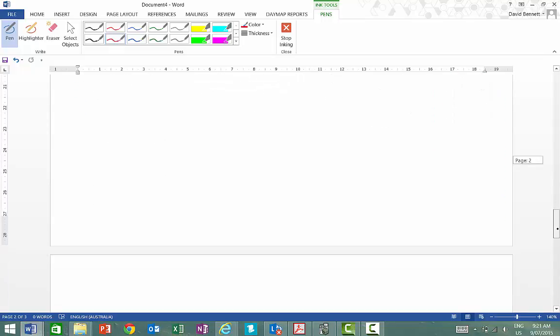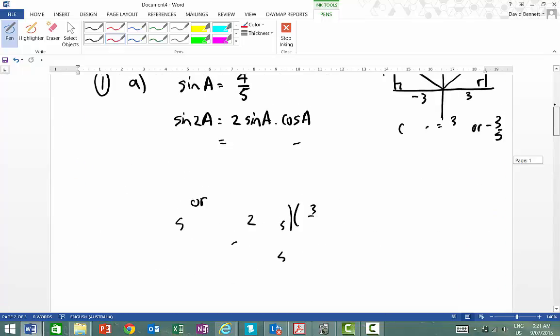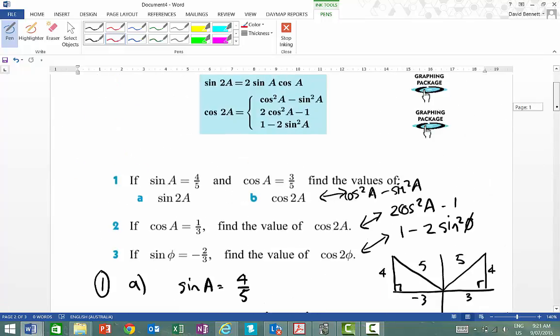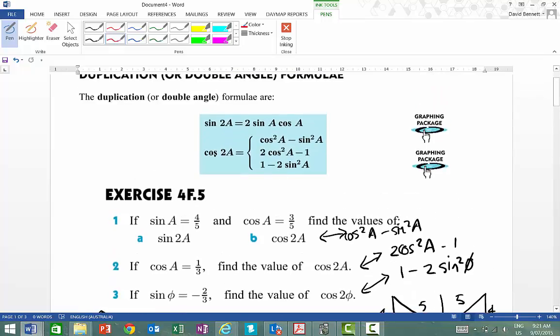Okay, so it's actually a useful process, certainly using your duplication formula, to find and simplify things where you have double of the angle. Alright, and so therefore these are on your formula sheet that I'll give you. Alright, so it's just a matter of now identifying what you've been given, what you've got, and what you need to find. And that's the same in most things that we do in maths.